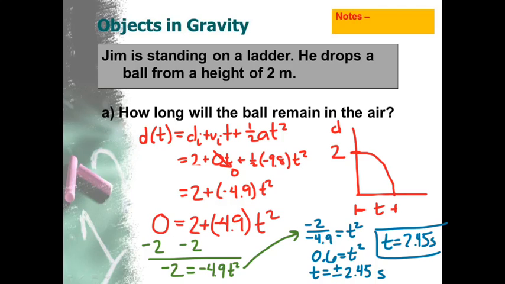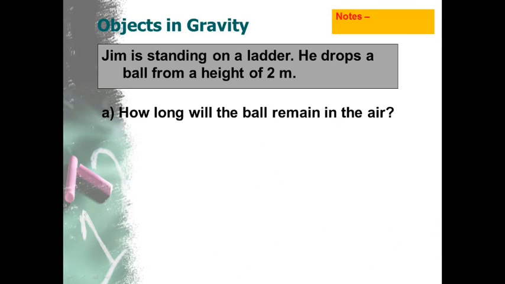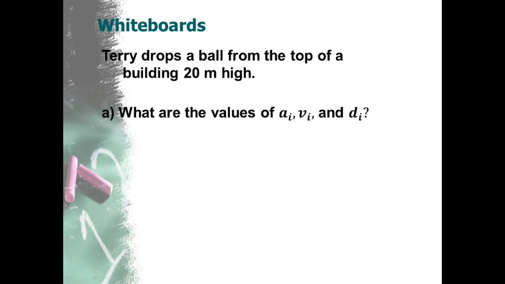Now that you've gone through that example, I'm going to let you try an example on your own. Terry drops a ball from a building 20 meters high. I'm going to first ask you, what are the values of the acceleration, the initial velocity, and the initial displacement?